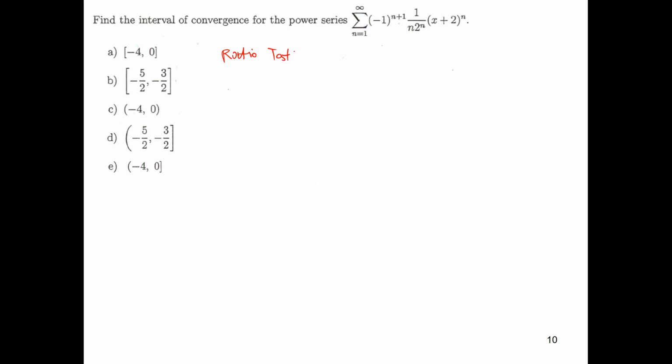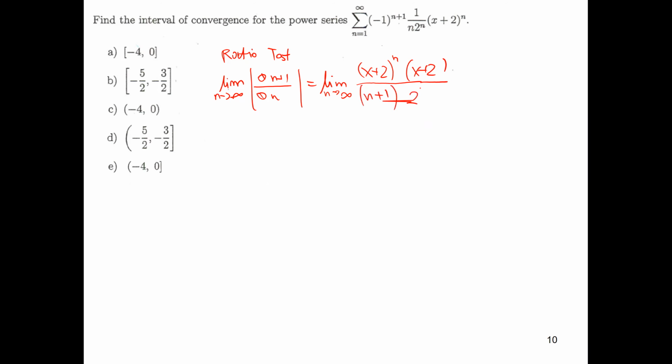Ratio test. Limit as n goes to infinity, a sub n plus 1 over a sub n. Absolute value definitely will let me ignore this, but I still have to focus on the others. x plus 2 to the power of n and x plus 2 to the power of 1. n plus 1 and 2 to the power of n, 2 to the power of 1, and multiply by the reciprocals.